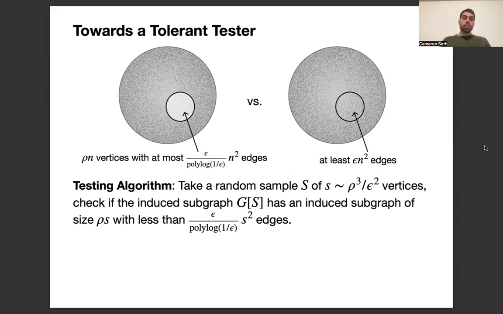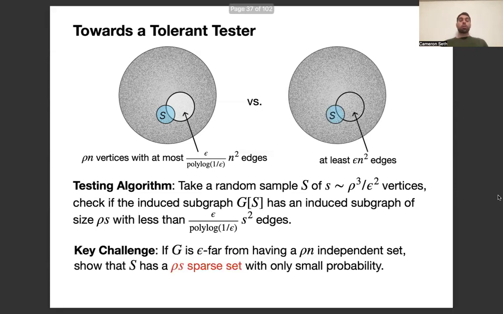And again, in the yes case, it's not too hard to show that if you take a sample, you should find a relatively high number of vertices from this original sparse set in the graph, and so these should be relatively sparse. Now, the hard case is again the no case.